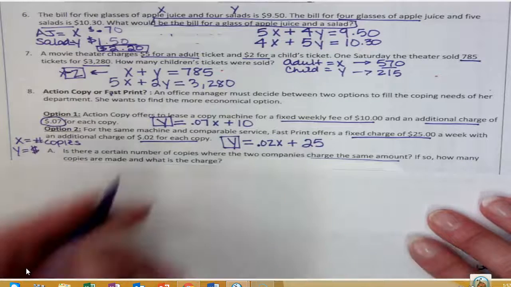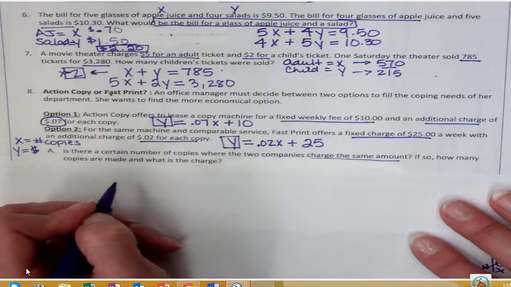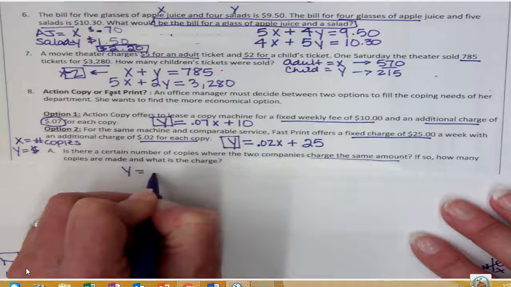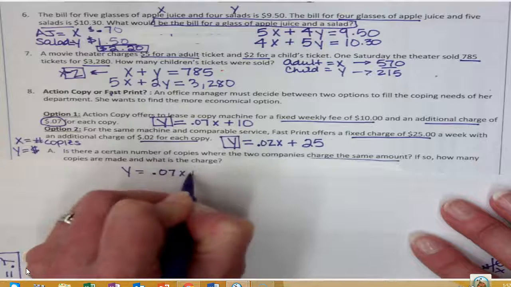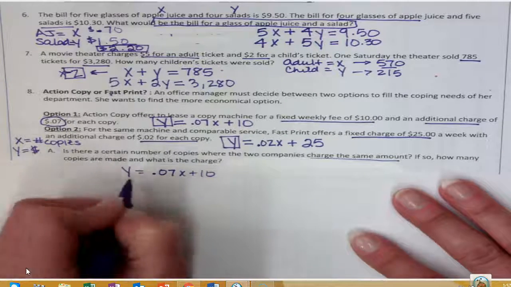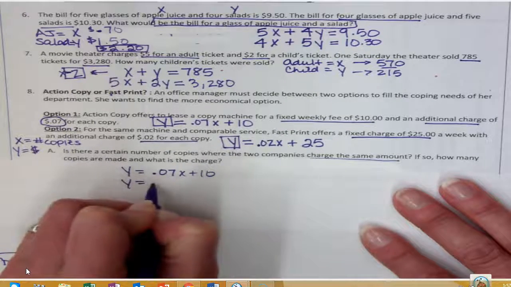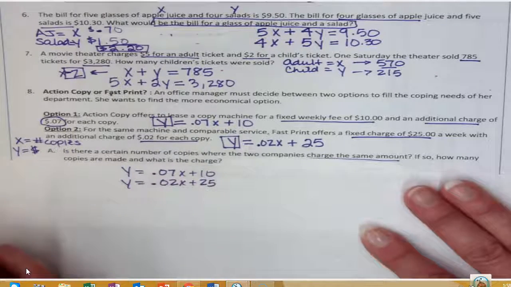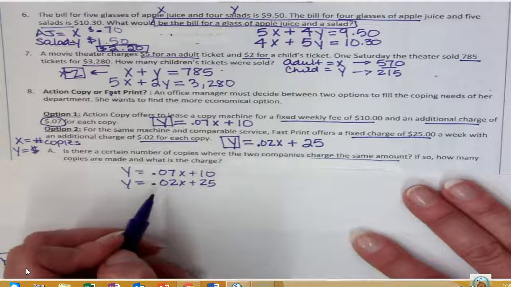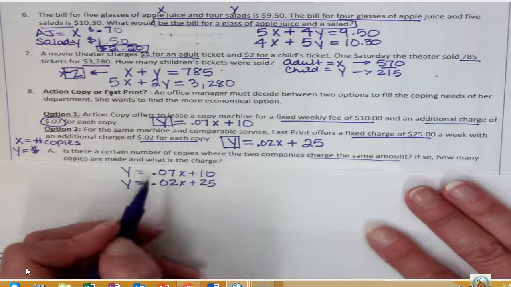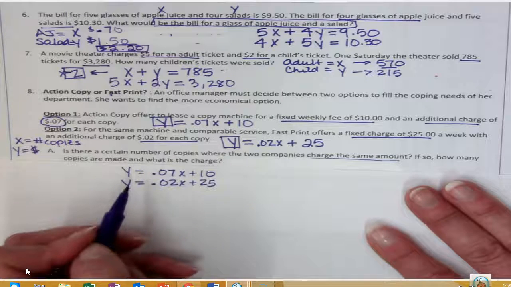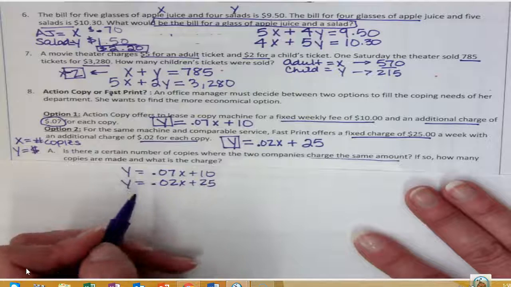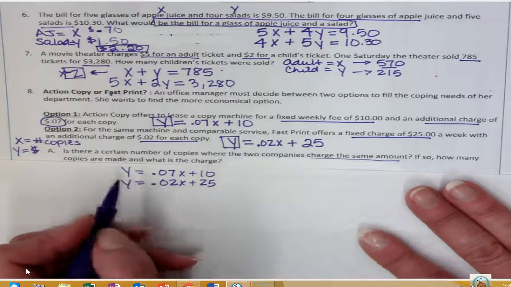We can take our two equations, y equals 0.07x plus 10, and y equals 0.02x plus 25. And we need to find the same coefficient, different sign.